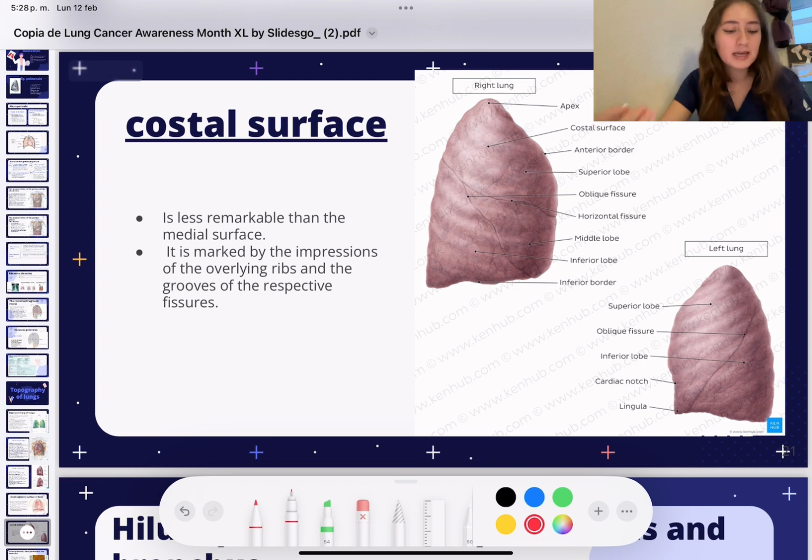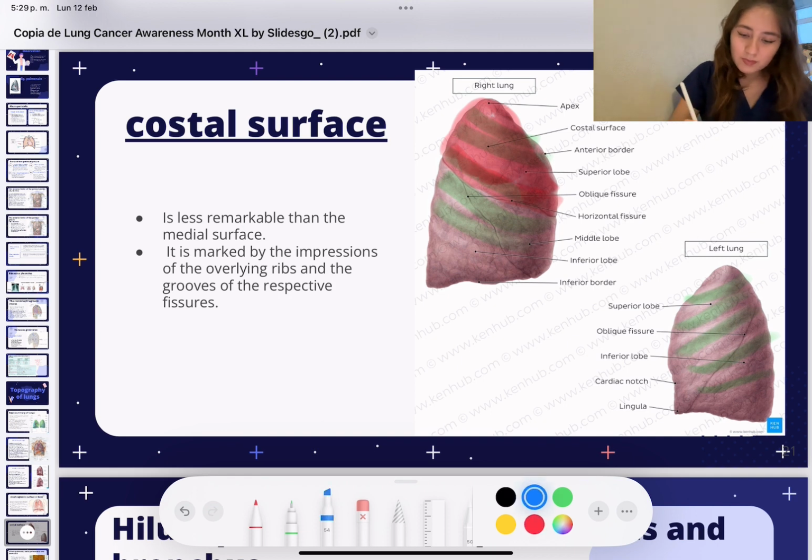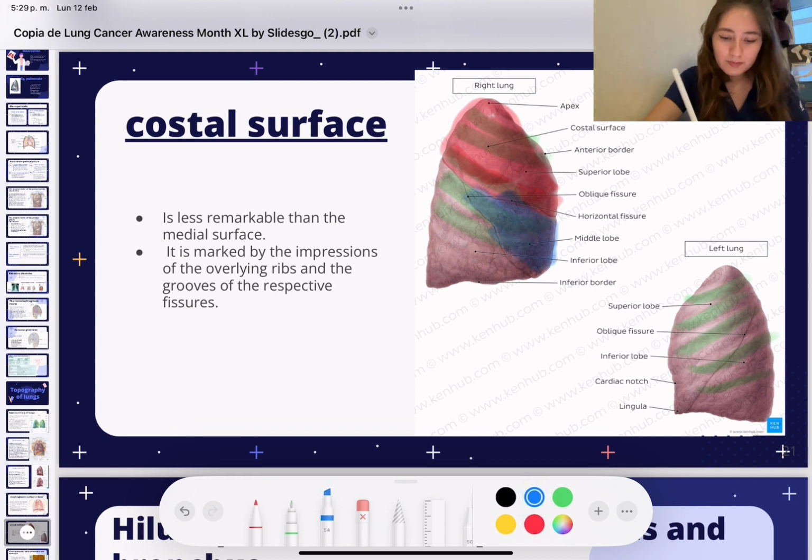The costal surface is less remarkable than the medial surface. It is marked by the impressions of the overlying ribs and the grooves of the respective fissures. Those are the impressions of the ribs, and in the right lung we have the superior lobe, the middle lobe, and the inferior lobe.